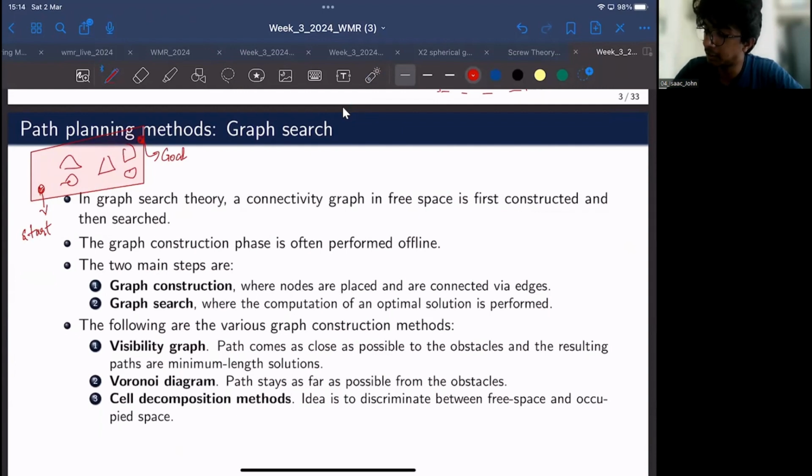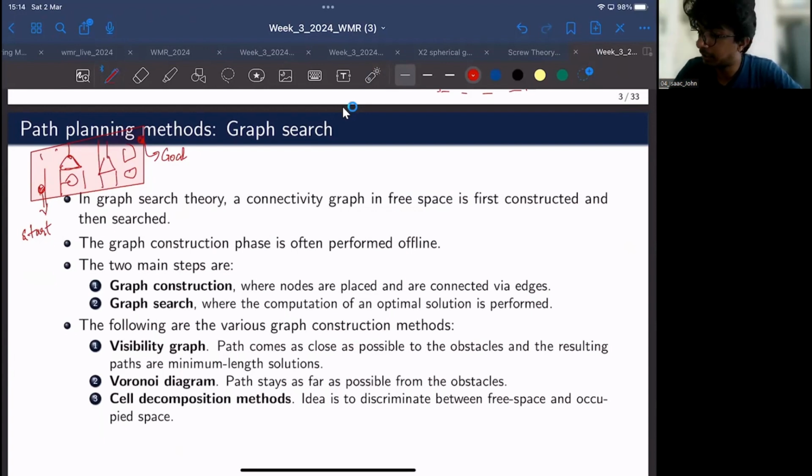out of this given environment, it creates a connectivity graph. Connectivity graph in the sense, each and every node of these obstacles is taken into account, or maybe some other features within this map are used to construct a connectivity graph, right?